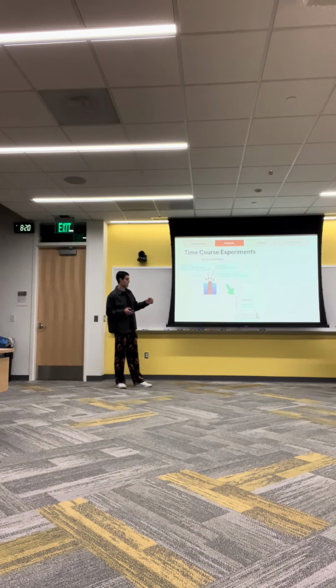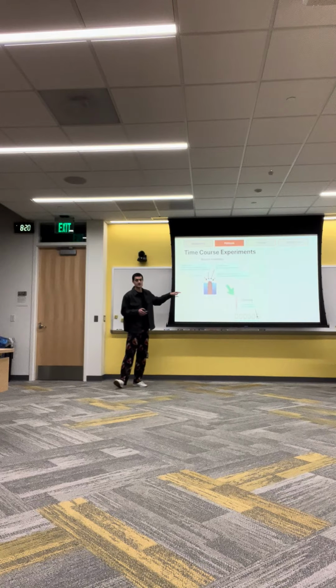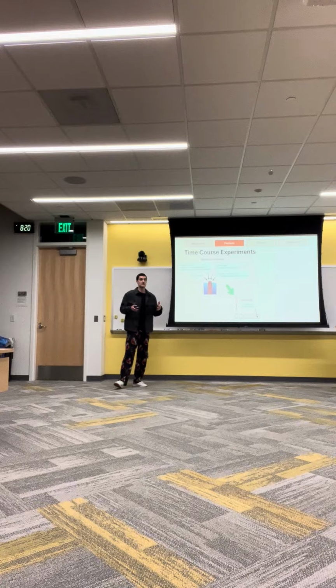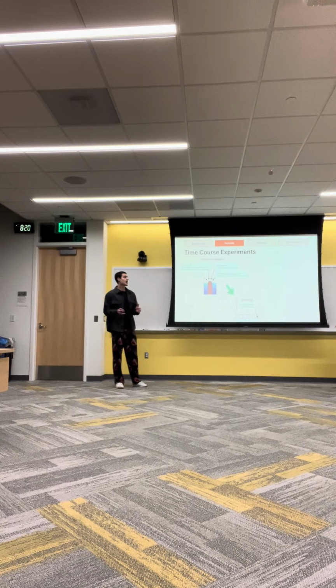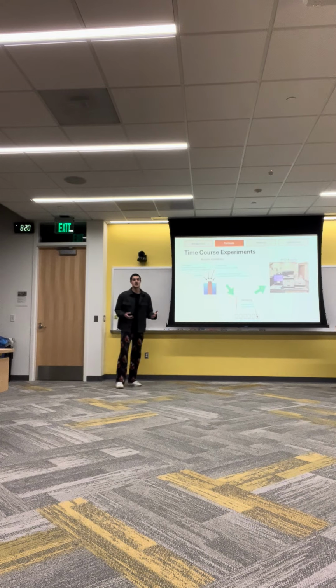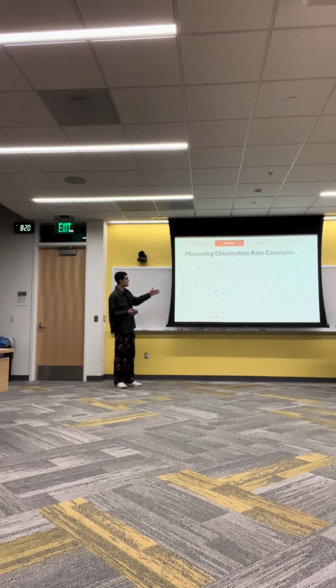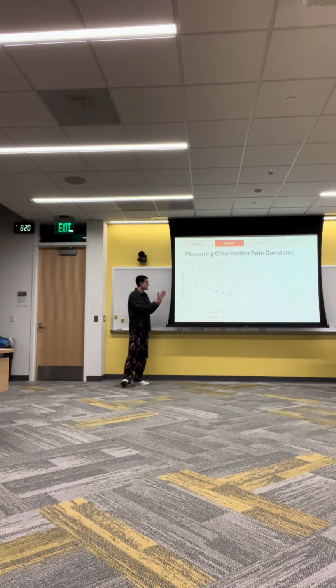But these aliquots from the reactor are put into HPLC vials, and they're pre-amended with sodium thiosulfate, which is a quenching agent, and this essentially stops the reaction at specific time points. And these samples were then run on HPLC alongside an external calibration standard set, and this would then give a mass balance. And this mass balance is concentration as a function of time.